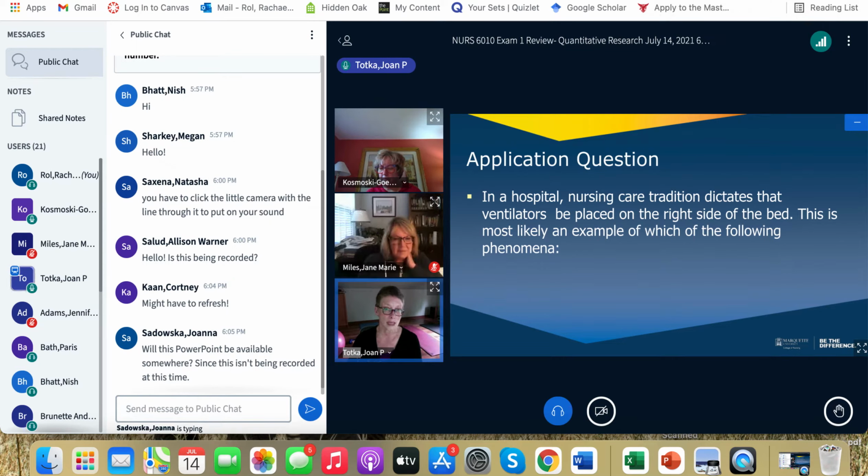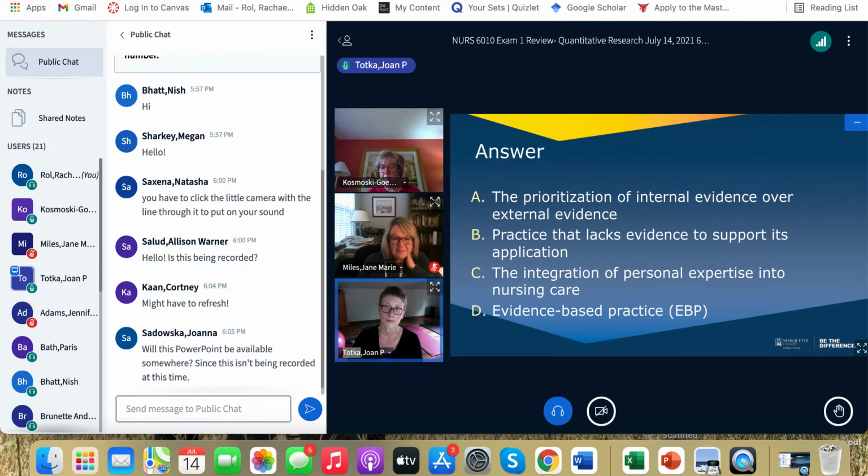This is most likely an example of which of the following phenomena: the prioritization of internal evidence over external evidence, practice that lacks evidence to support its application, the integration of personal expertise into nursing care, or evidence-based practice. Now, after my lovely story, what is your answer?